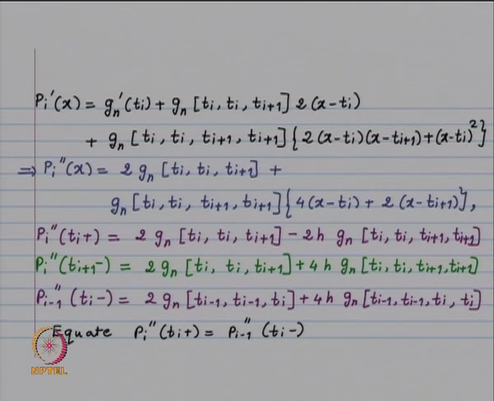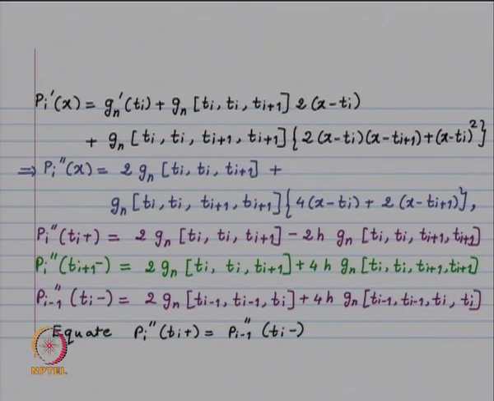Next, you put x equal to t_{i+1} in the expression. Then you get 2 times the divided difference of g_n at t_i, t_{i+1}, plus 4h times the divided difference based on t_{i+1}, t_{i+1}.